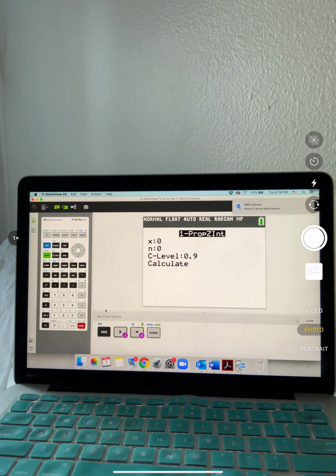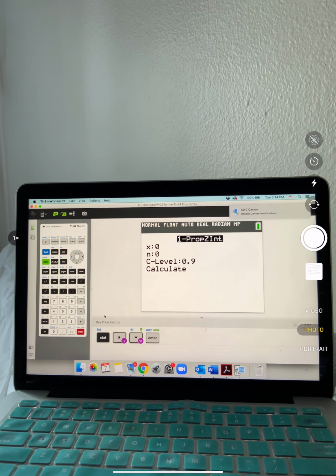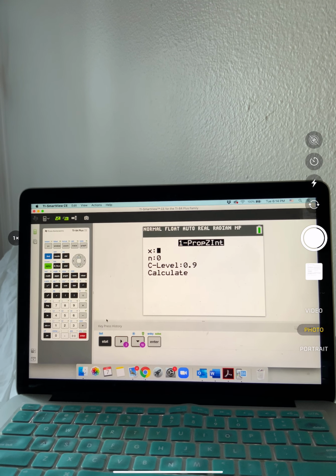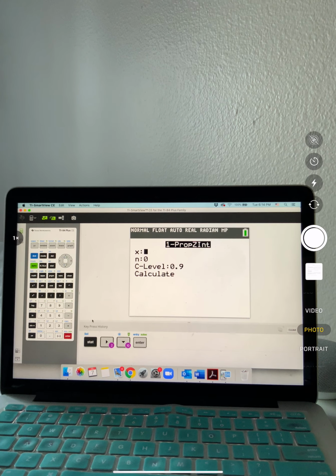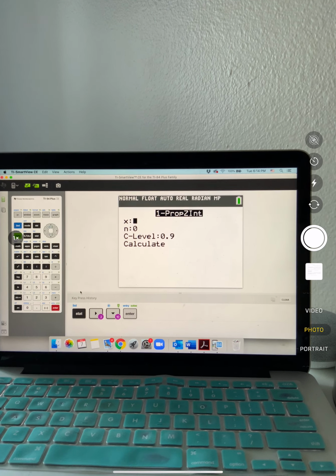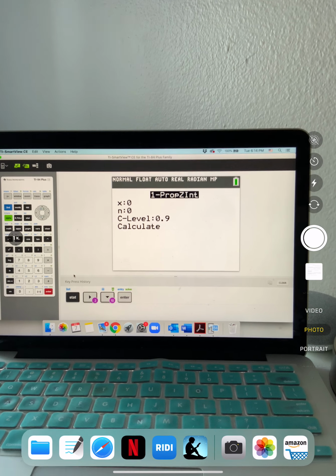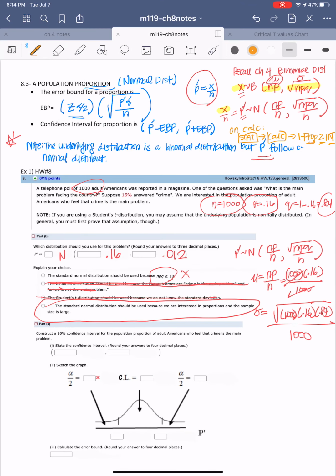Remember, p hat was given as x over n, right? So let's go back and calculate the number. Remember, p hat is given as x over n. We already know what p hat is. It was 0.16.